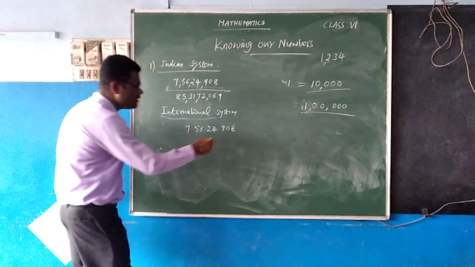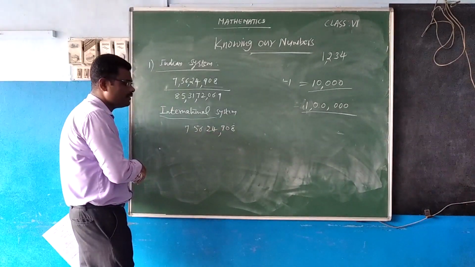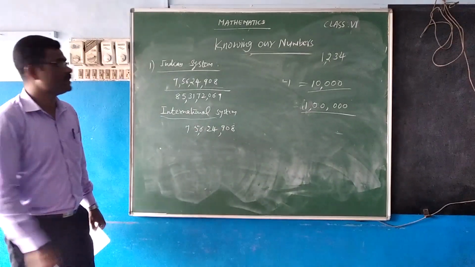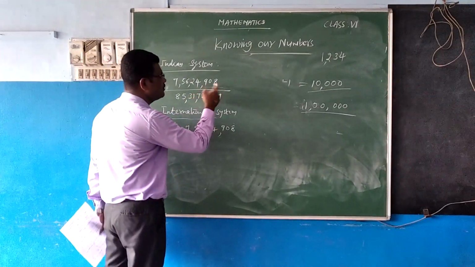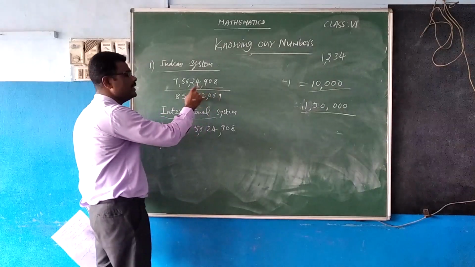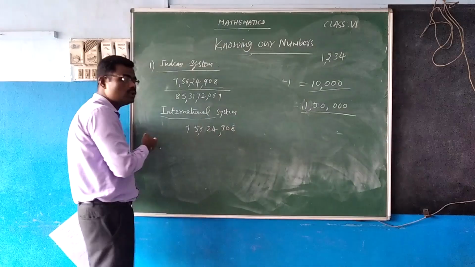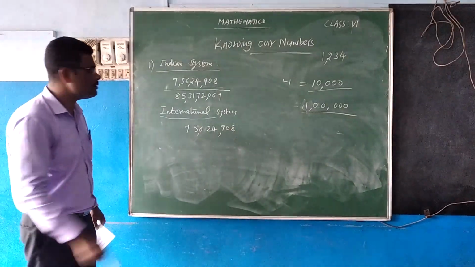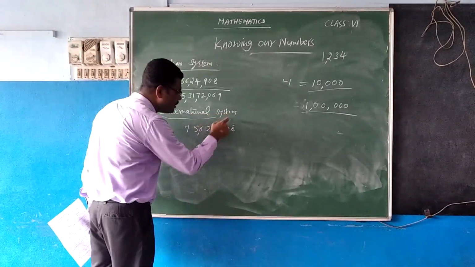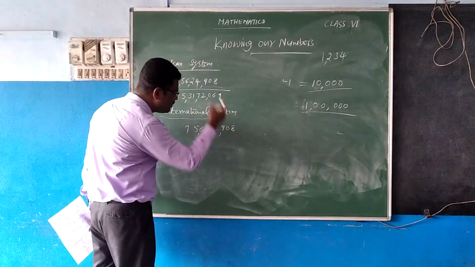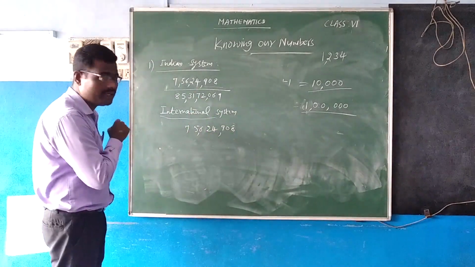First after 3 digits, then again after 3 digits only. In the Indian system, first is after 3 digits, then continuously after 2 digits, whereas throughout we have to follow after 3 digits. These commas are called the international system of numeration. How to read this?